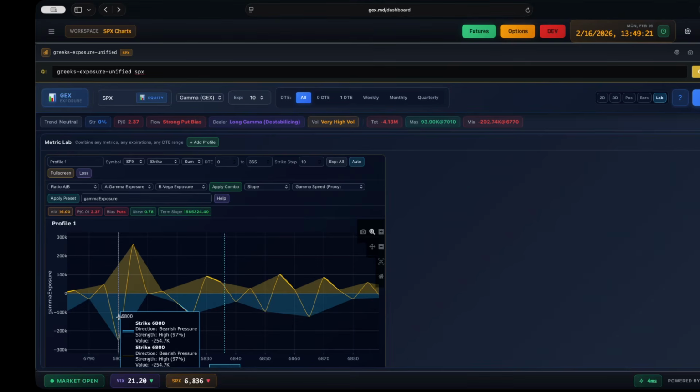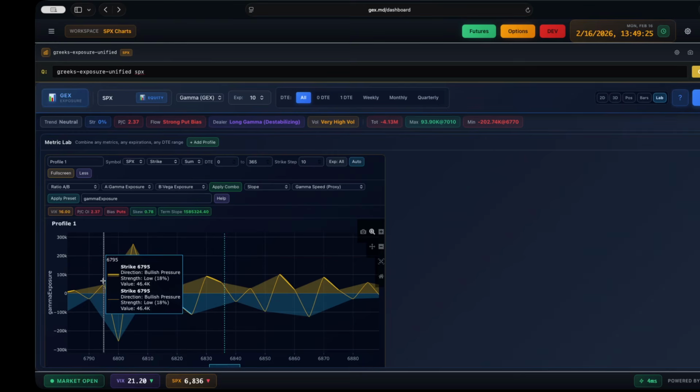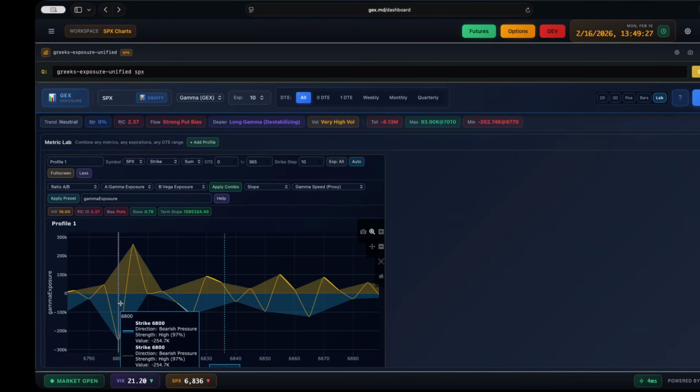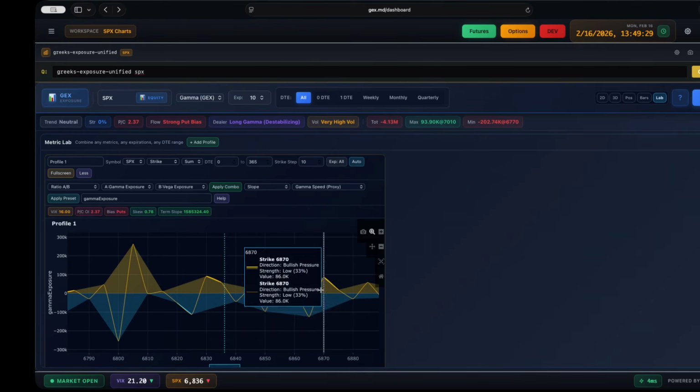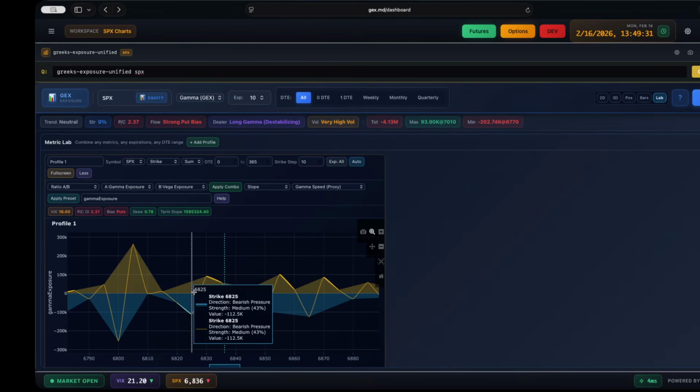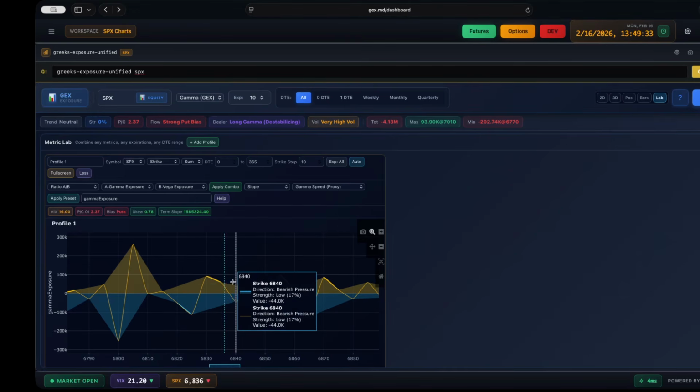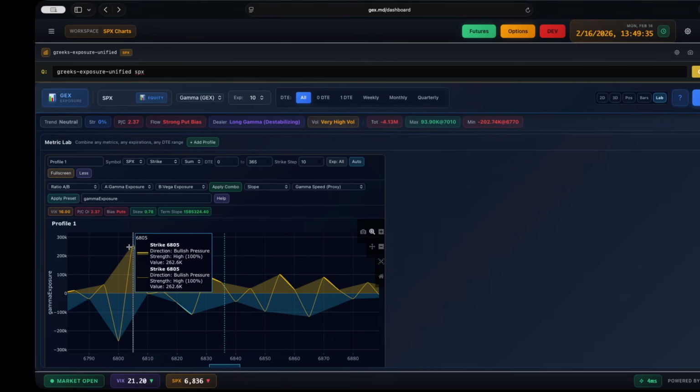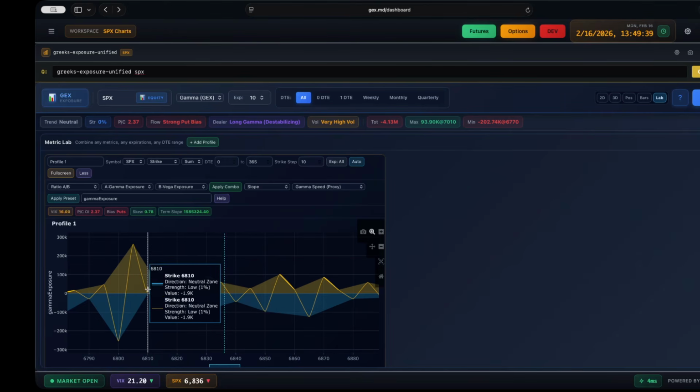This one, we have a bearish pressure, 97%. And then they have a bullish. So as you can see, for every single strike, they tell you how fast we can go up or down by the pressure. As you can see here, we hit 68.05, we can go really fast to 68.10, which is neutral.